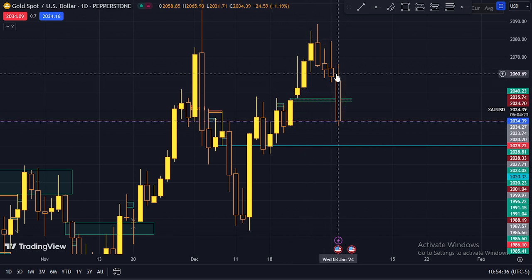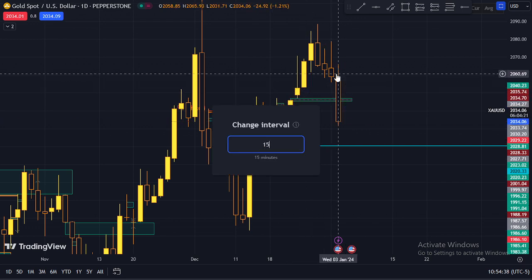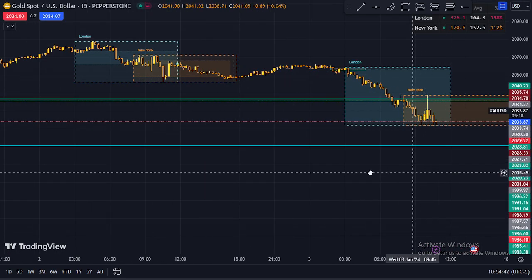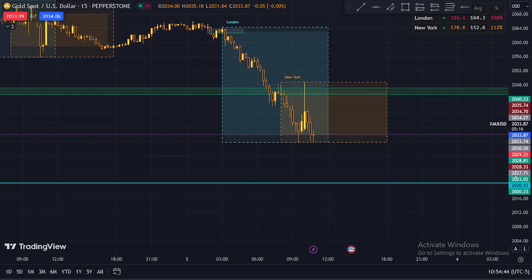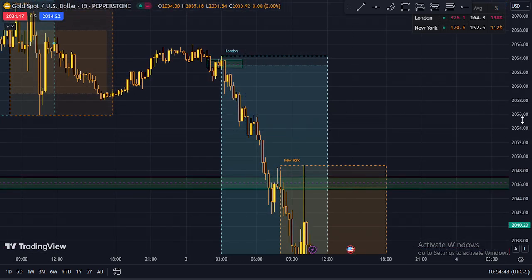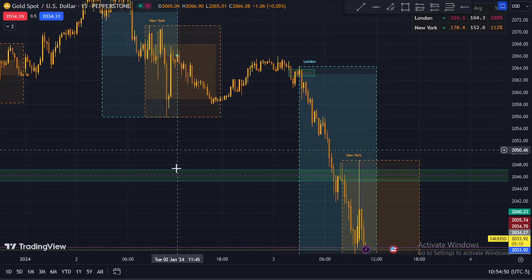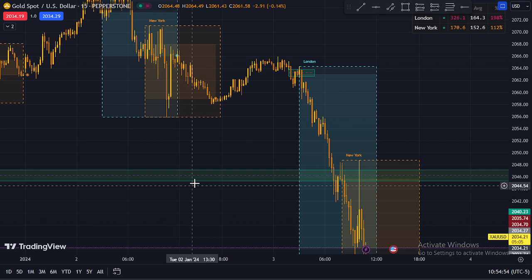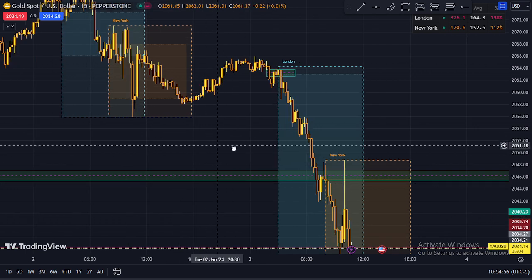So if we head over to the 15-minute chart, let's see how we could have traded this. This is the volume imbalance, the liquidity void, sorry.